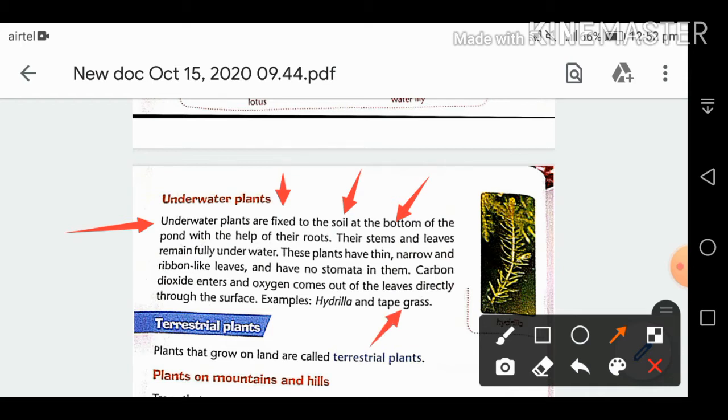Examples are tape grass and hydrilla. One special feature is that they do not have stomata. They take in carbon dioxide and release oxygen directly from the leaves.